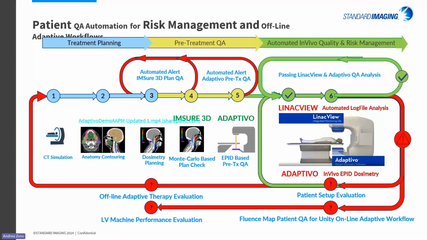And this is all automated in the background, and this empowers physicists to stay in tune with machine-related deviations and proactively minimize machine downtime. LINAC View is also a valuable plan delivery QA tool for online adaptive workflows, such as Elekta's Unity workflow.